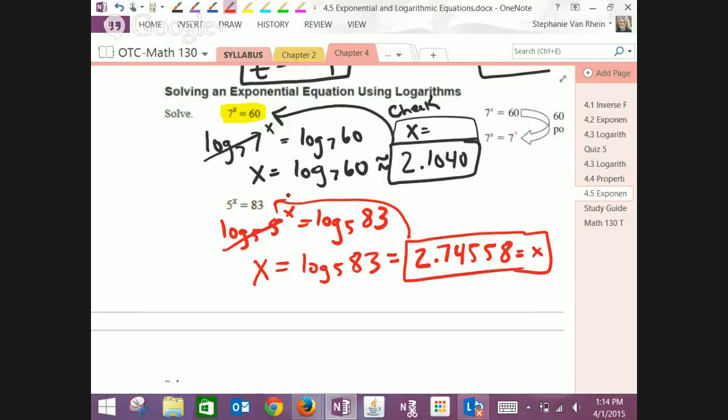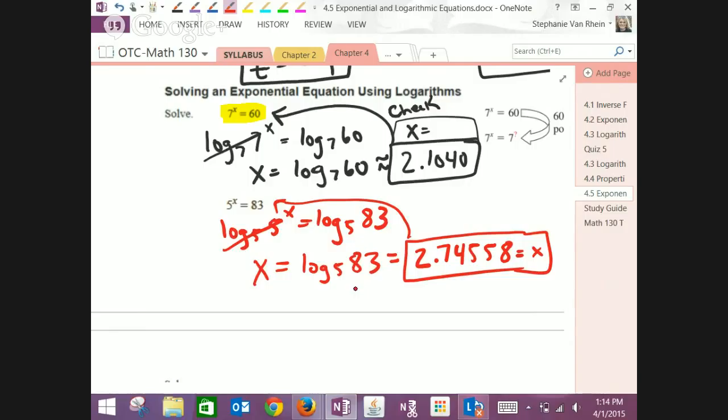So are you guys comfortable with the change of base formula? It's ln of the big number divided by ln of the small number. Or you can use log of the big number. Every calculator might be just a little different. So here's your log button, and here's your natural log.